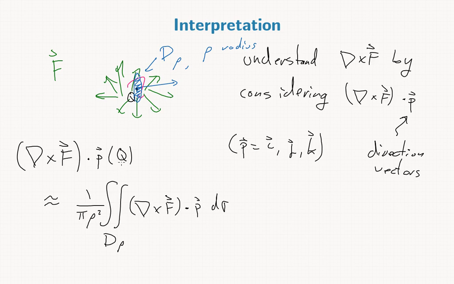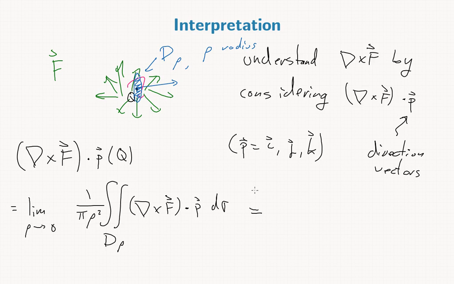And when rho is small, this average value will be approximately equal to the exact value at Q. More precisely, we can say that the exact value will be equal to the limit as rho goes to 0 of this. Now, the reason we introduce this is that now we have an integral over a surface, so we can invoke Stokes' theorem.